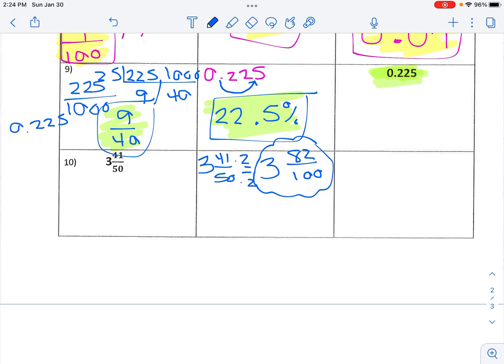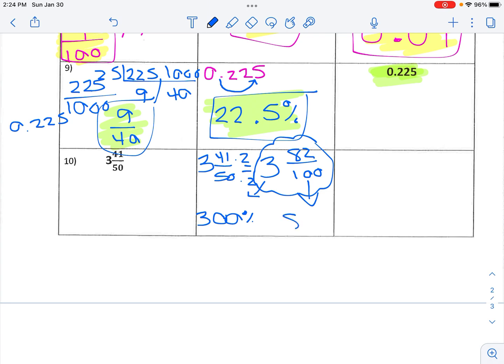So now I'm focusing on 3 and 82 hundredths. Well, the whole number 3 is worth 300%, and 82 hundredths is 82%. Put those two together. Final percent for number 10 should be 382%.